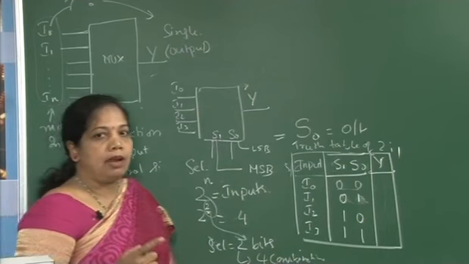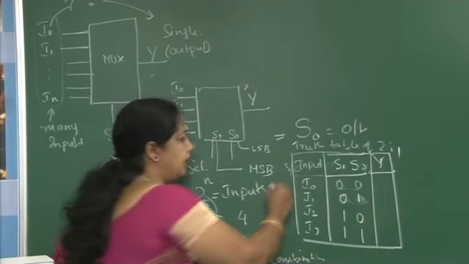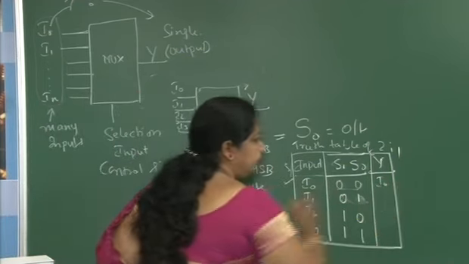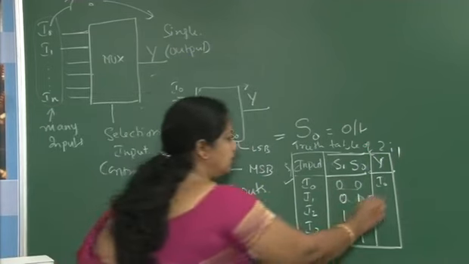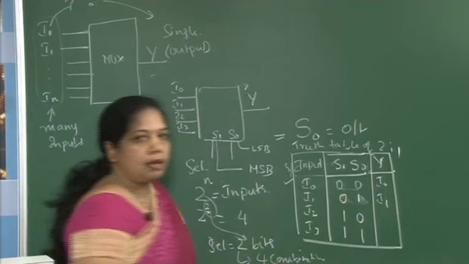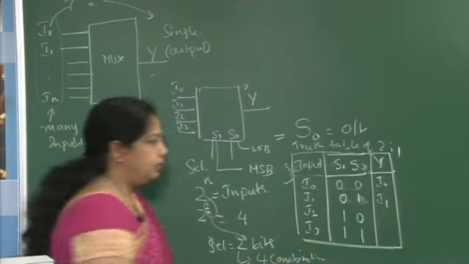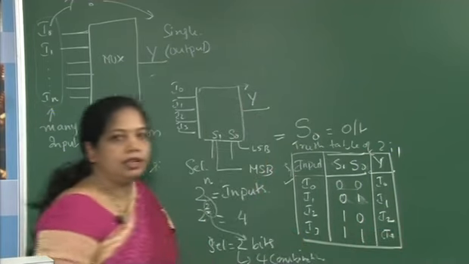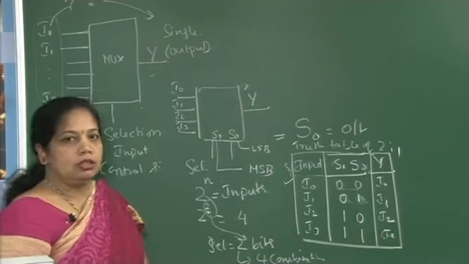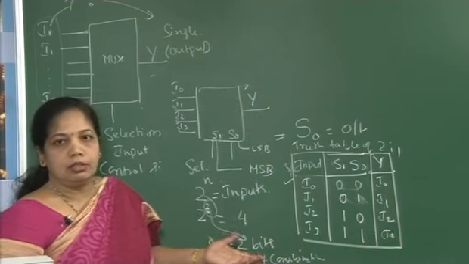If I apply 0 0, then I0 is directed. If I apply 0 1, then I1 is directed. If I apply 1 0, then I2 will be your output. Similarly for 1 1, I3 will be your output. This is how the multiplexer works.